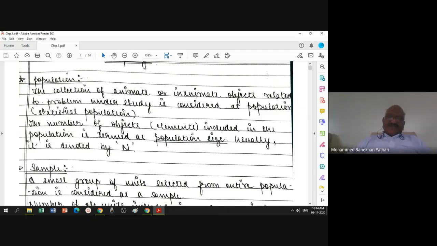Let us imagine any real problem which is free from variation. You can see there is no problem which is free from variation.